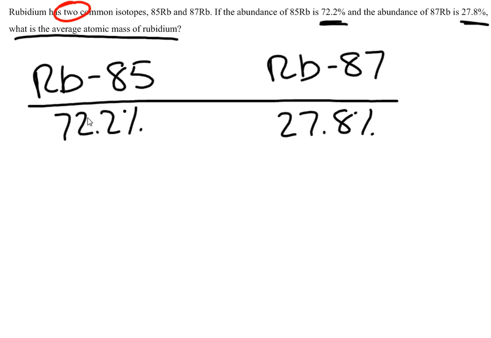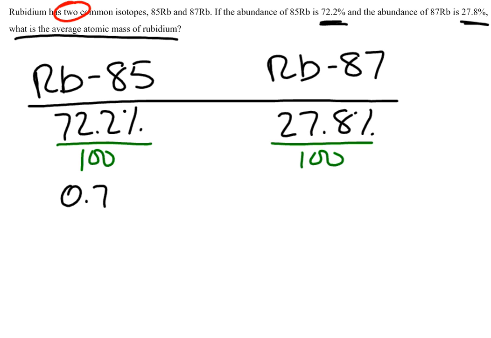So I'm going to divide by 100, and the abundance number that I'm going to be dealing with, in this case we call it a frequency, is going to be 0.722, and then this one will be 0.278. That's my abundance frequency for those particular isotopes.